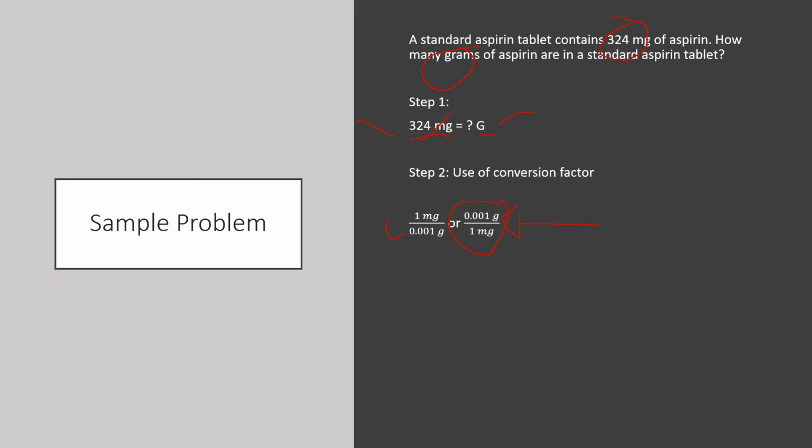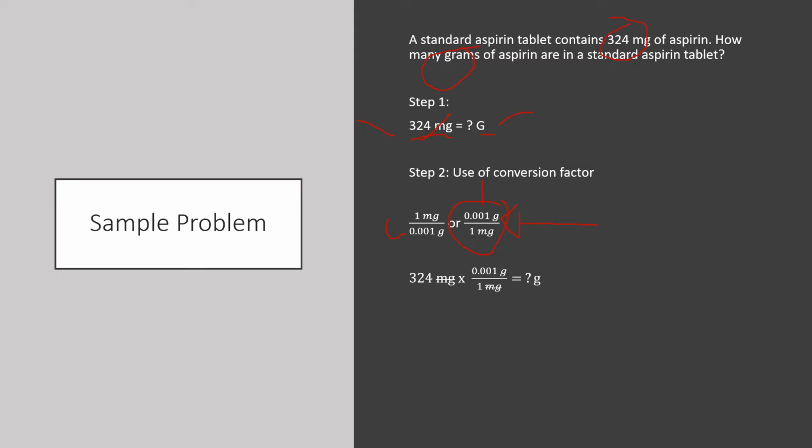Again, bakit po ito yung kinuha nating conversion factor? Kasi we have to cancel out milligrams doon sa original value natin para mapalitan siya ng grams. So, ito yung gagamitin natin. Okay, so check natin. 324 milligrams times the conversion factor 0.001 gram over 1 milligram.